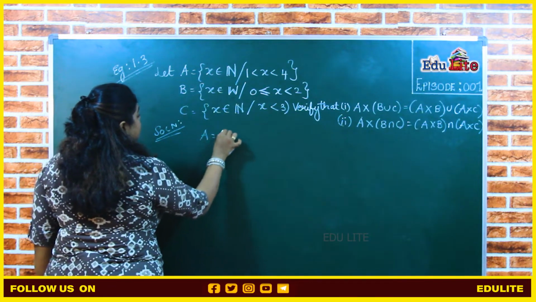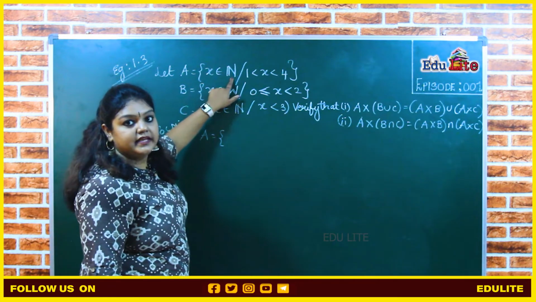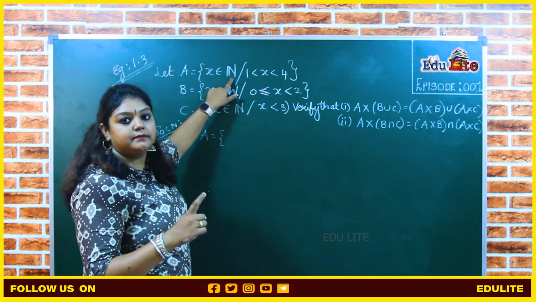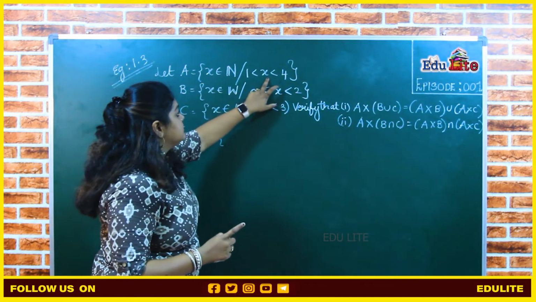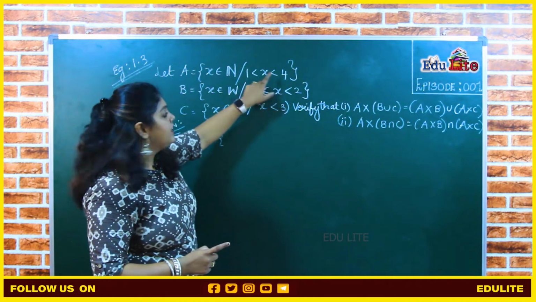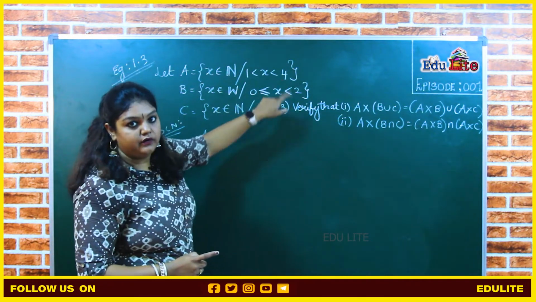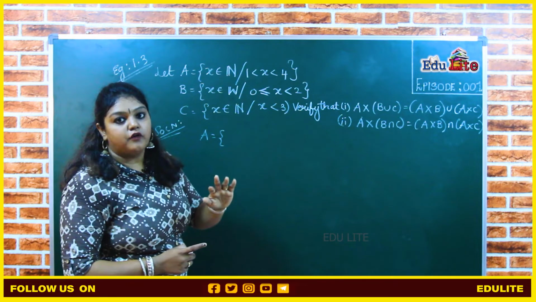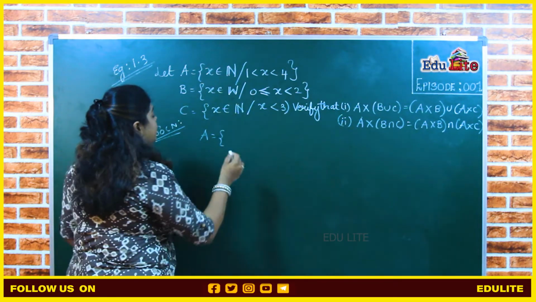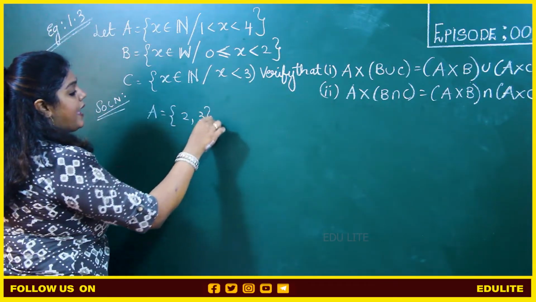Set A is equal to, as I told you, x is a natural number. Natural numbers start from 1 and x varies between 1 and 4, where 1 and 4 are not included. Therefore, we can only write two numbers, which are 2 and 3.